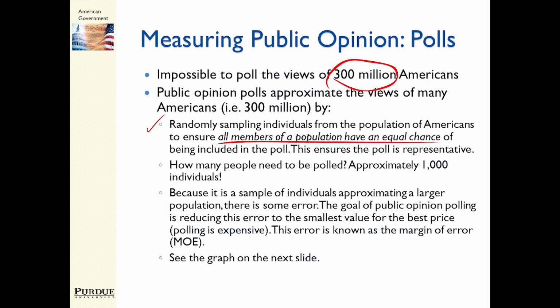So public opinion polls randomly sample individuals from a larger population. This ensures, like I said, that every member of the population has an equal chance of being included in the public opinion poll. And this helps with poll representativeness.